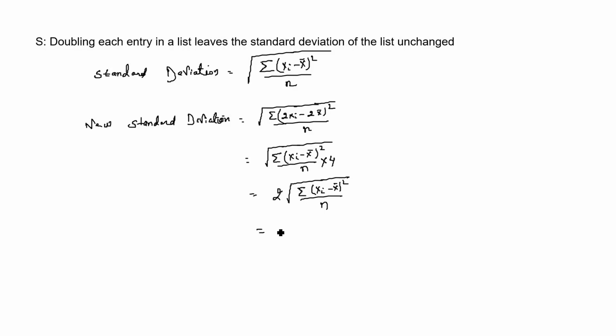From here we observed that if we double each entry in a list, the standard deviation will also be doubled. The statement says doubling each entry leaves the standard deviation unchanged. No, because the standard deviation will also be doubled. So the statement in assertion S is incorrect.